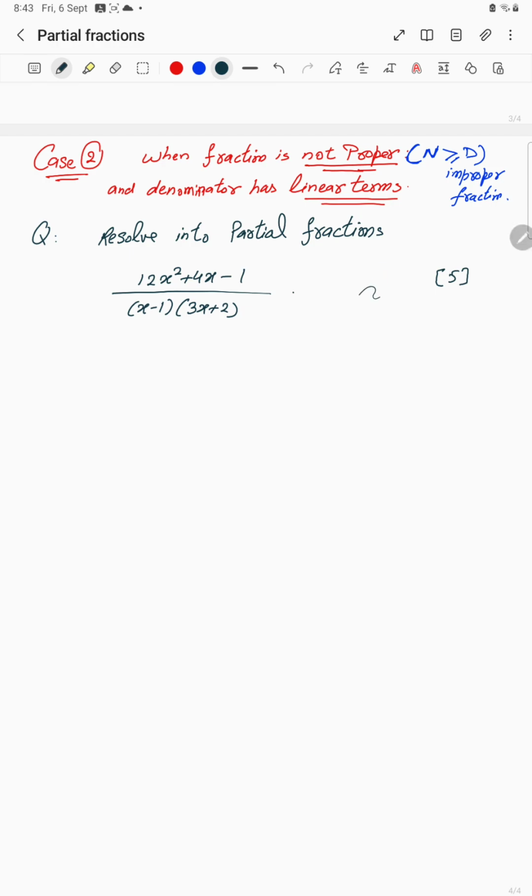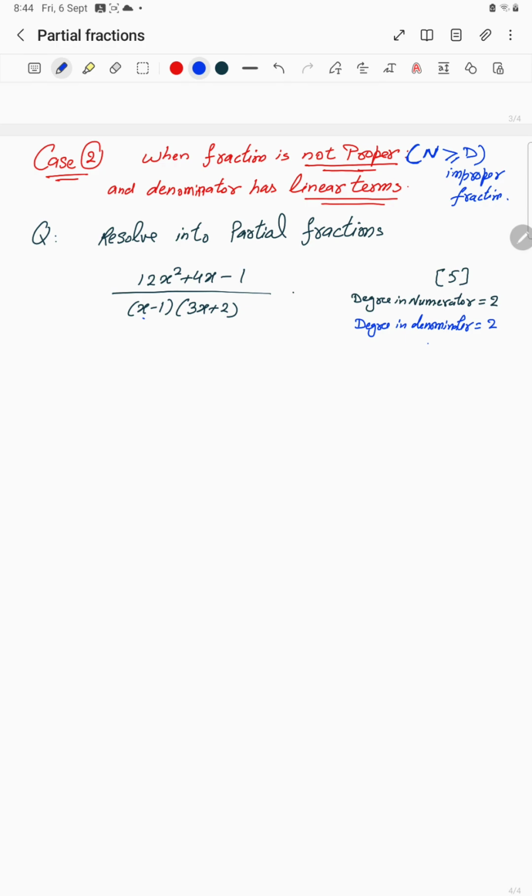You can see the degree in the numerator is 2, and the degree in the denominator, x times x, is also 2. So that means it is an improper fraction.